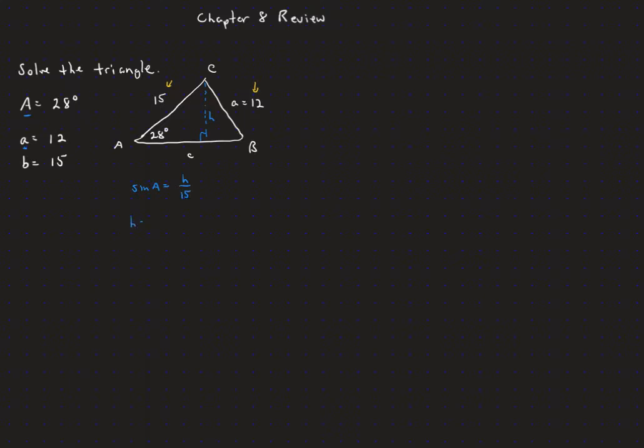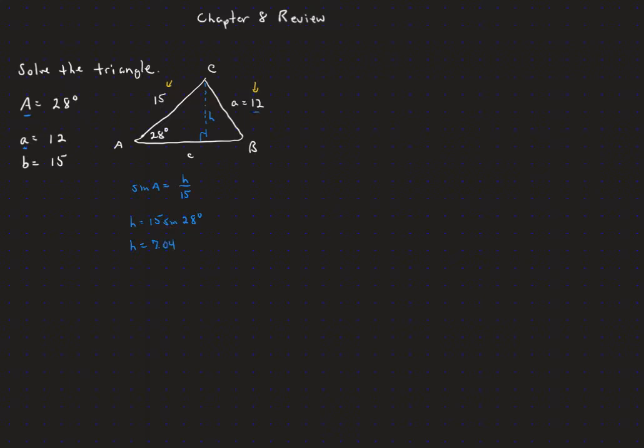And so H is going to be 15 times the sine of angle A, which is 28 degrees. So I'm going to grab my calculator and go 15 sine of 28. I'm in degree mode, and that's going to be 7.04.